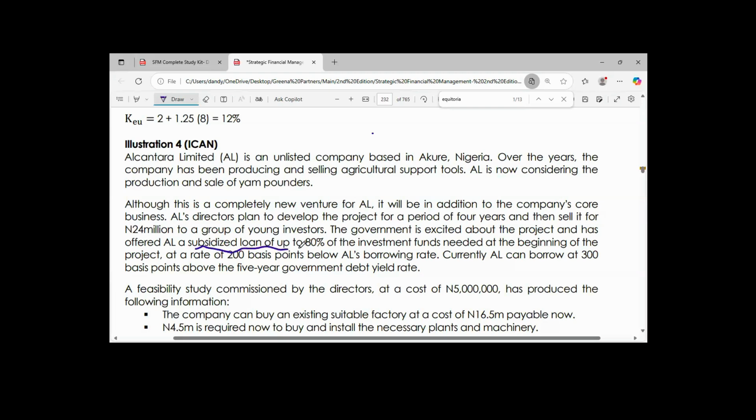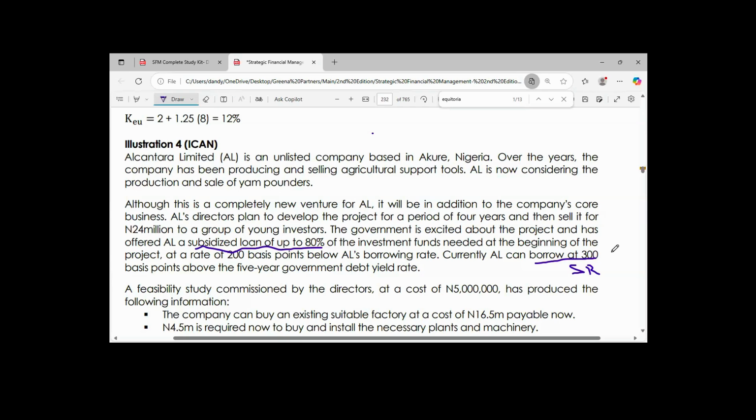Currently, AL can borrow at 300 basis points above the 5-year government debt yield rate. A feasibility study commissioned by the directors at a cost of 5 million naira has produced the following information. The company can buy an existing suitable factory at a cost of 16.5 million naira payable now.